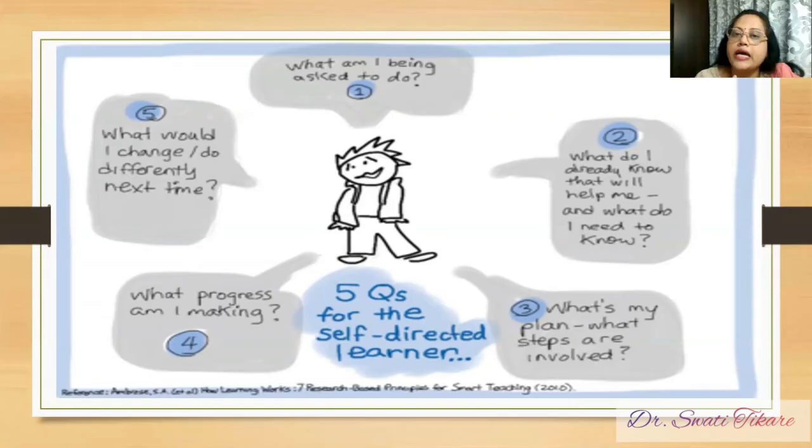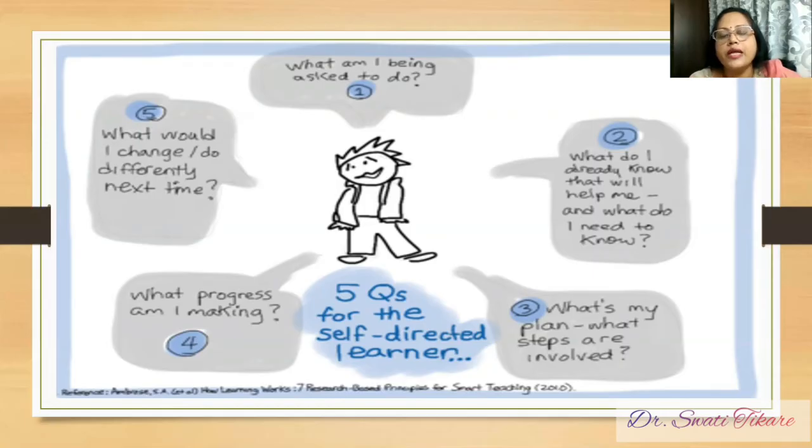If I have to do it at the casualty perfectly, accurately, what is it I need? I need this. So I just gave an example of blood pressure, but it could be anything. What do I already know that will help me, and what do I need to know? If there is something else to know, as we thought in the previous example, I need to know a little more about history taking in a trauma case.